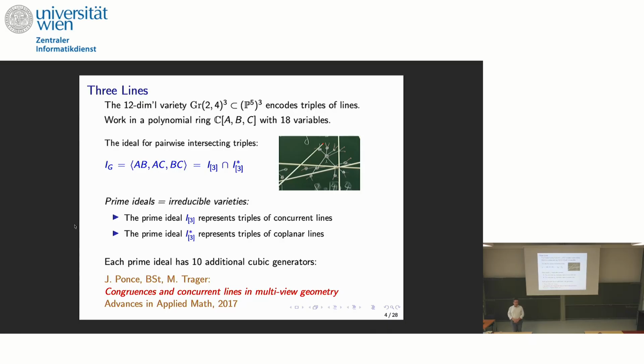So back then, around 10 years ago, there was a very famous paper called How to Build Rome in One Day. People travel to Rome, tourists, and they take pictures of the Colosseum and everything else, and they upload them. And then there's an automatic process to reconstruct Rome as a 3D model. And that's all called multi-view geometry, and you could imagine that lines sort of play a role.